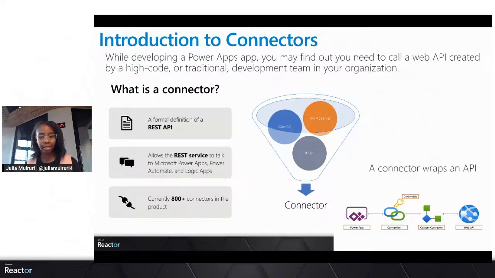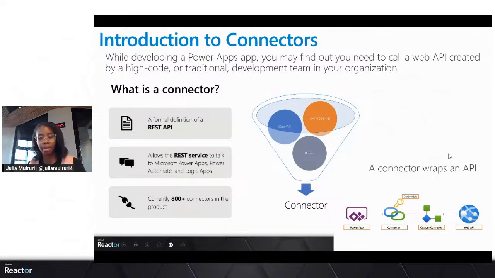But a connector wraps that API and provides the same functionality, only in a very simplified manner that helps this citizen developer access this third-party service. Another way to think of it is that it allows REST services to talk to Power Platform. And by Power Platform, we mean Power Apps, Power Automate, as well as Logic applications.